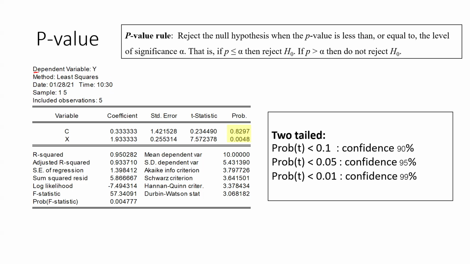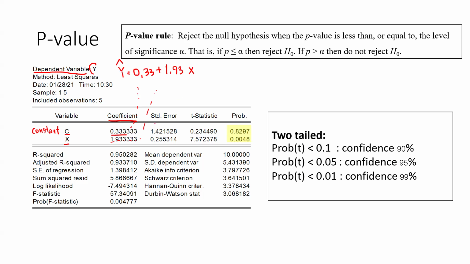So first, this is dependent variable y. C is constant, which means intercept. X is explanatory variable. So this is coefficient. This equation means y hat equals constant here, 0.33, plus coefficient here, 1.93x.